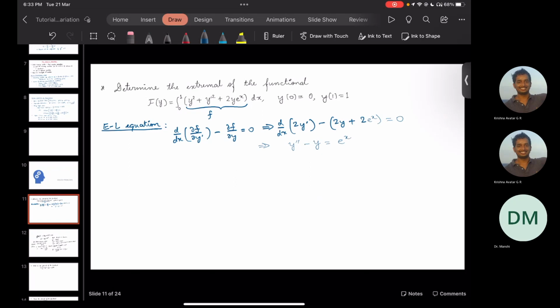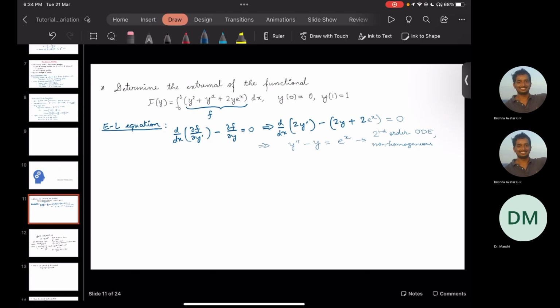Right? Now what you see is this equation is an ODE, a second order ODE, and it's also non-homogeneous. The thing is, it has one term which doesn't contain y, which is e to the power x.